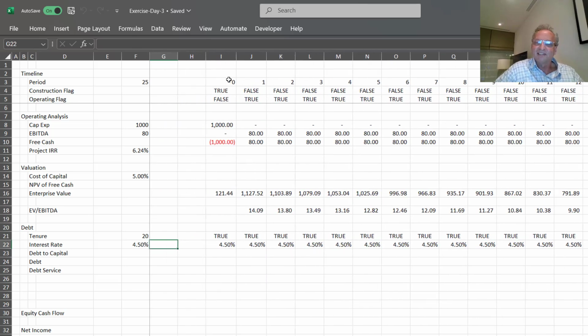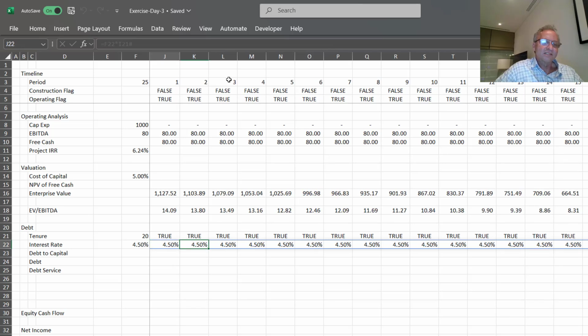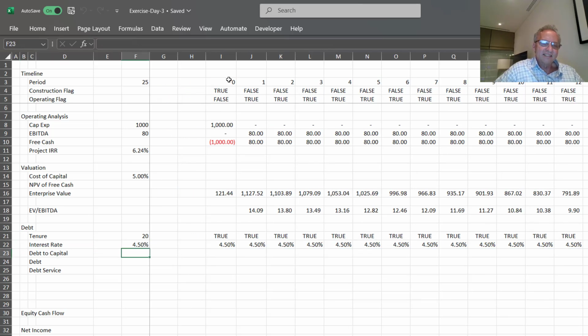And why did that not switch it to false? Oh yeah, it switched it to false, okay? And let's make the debt to capital 70%, 75%, okay? And that means the debt is 75% times the capex.